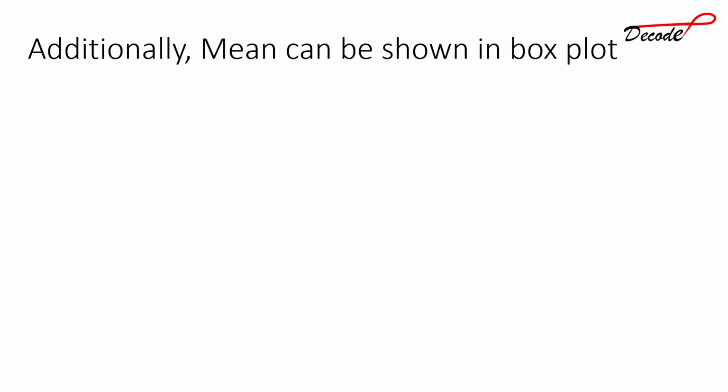Additionally, we can show the mean on the box plot. The middle line which we have in the box plot currently is the 50th percentile, or we can call it the median. The mean of the set of numbers can also be shown on the box plot.